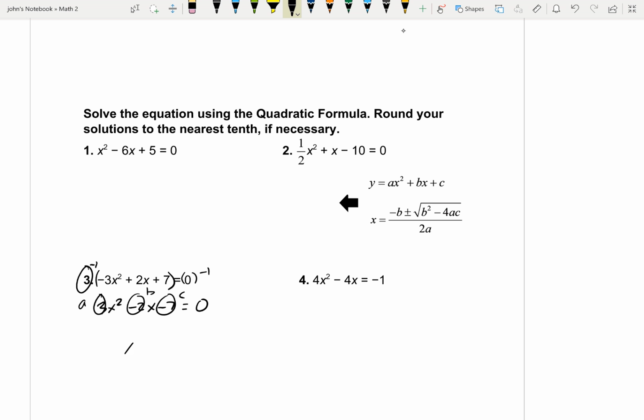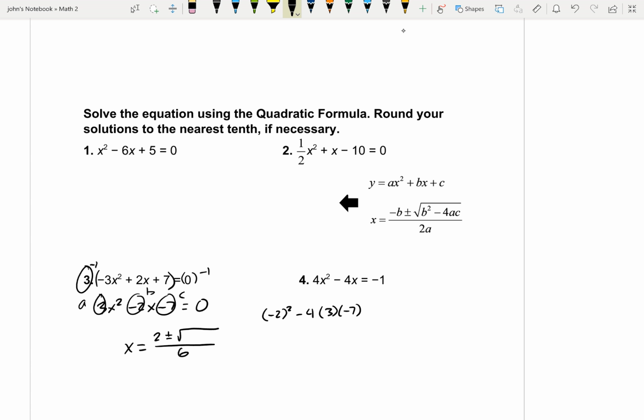So we're going to plug that in our formula. We're going to go x equals -b. It's already a negative, so it becomes a +2 plus or minus the square root all over 2 times 3. Okay, and now I just have to do the b squared minus 4ac. So that would be -2 squared minus 4 times a, 3, times c, which is -7.